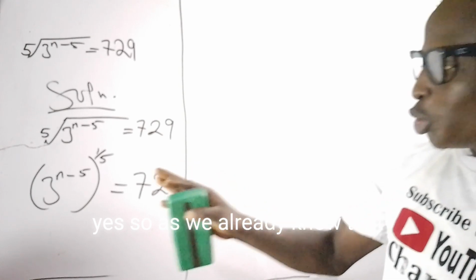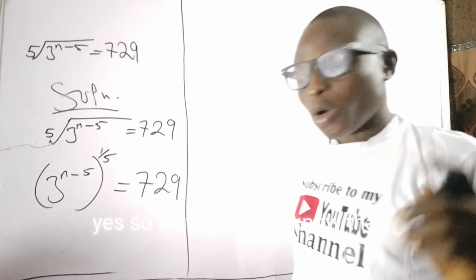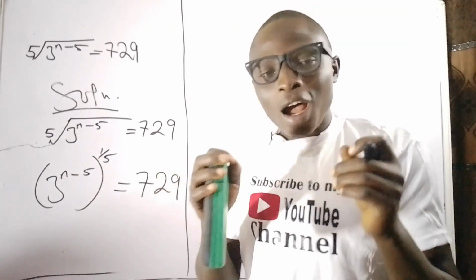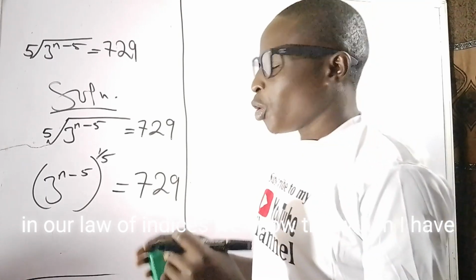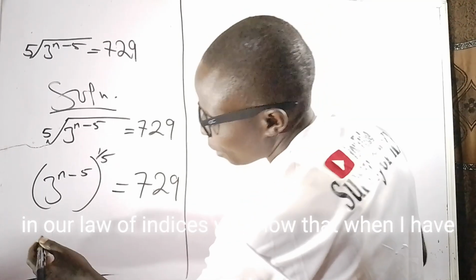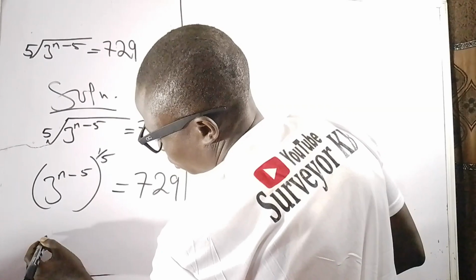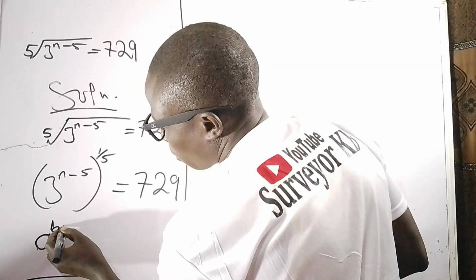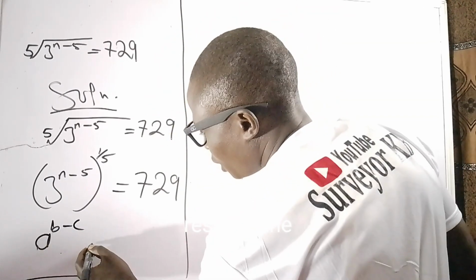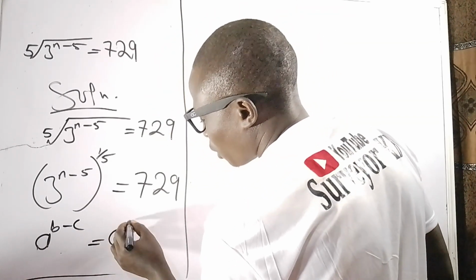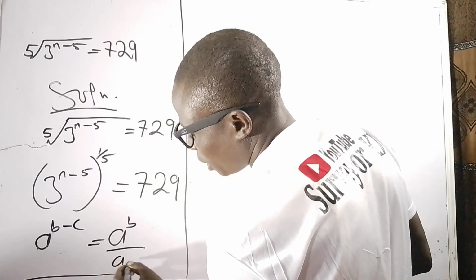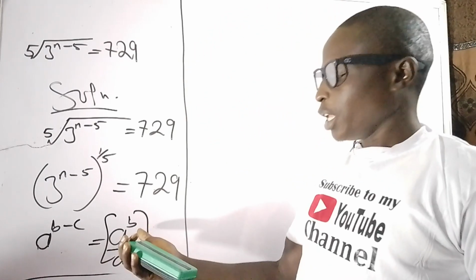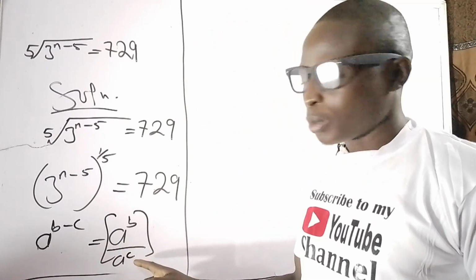As we already know in our law of indices, a raised to the power of b minus c is the same thing as a raised to the power of b divided by a raised to the power of c.